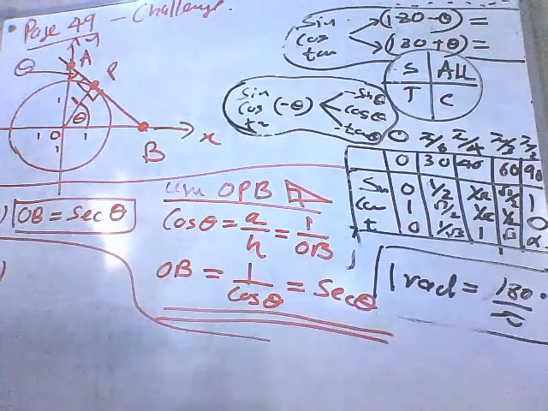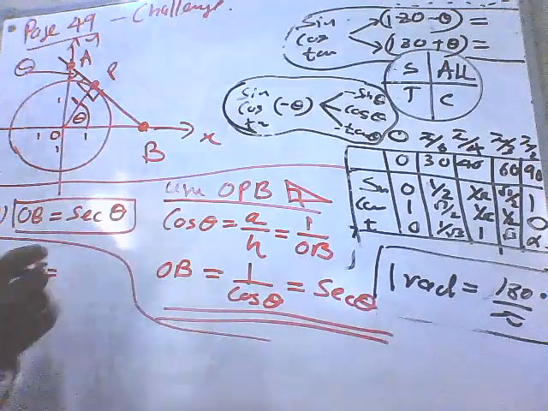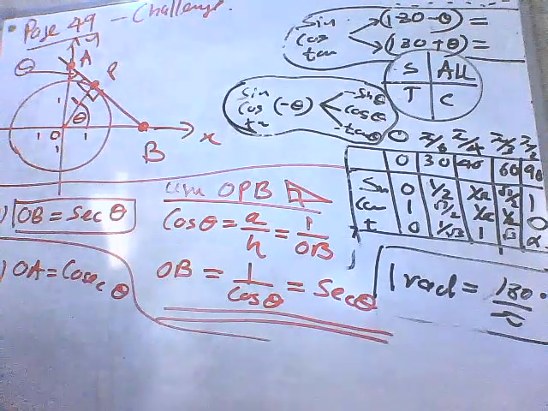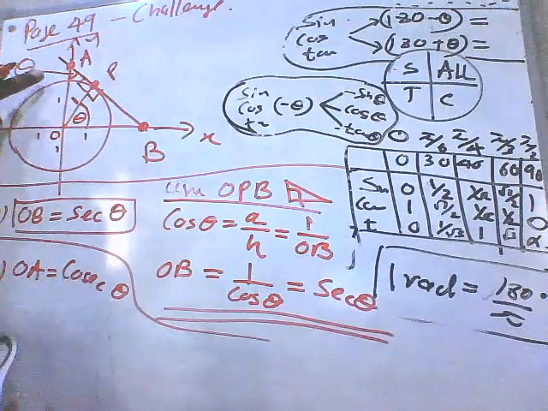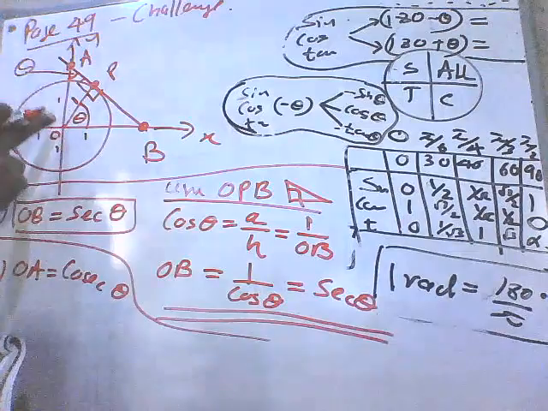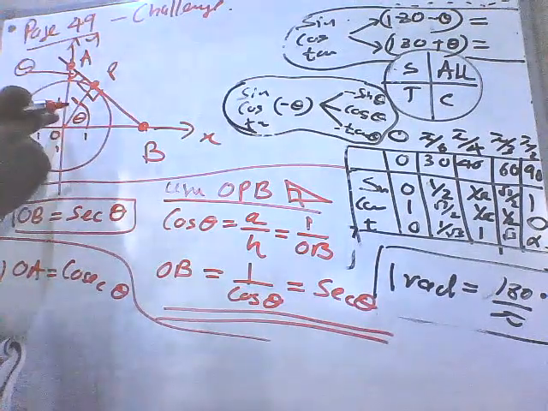Part B, they are asking us to prove OA is equal to cosec theta. Now surely sine is going to get involved. If we take sine, opposite is 1 and the hypotenuse is this OA.